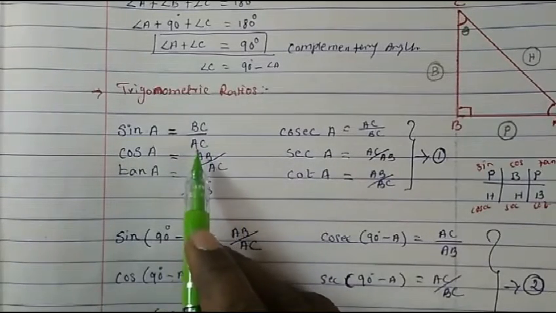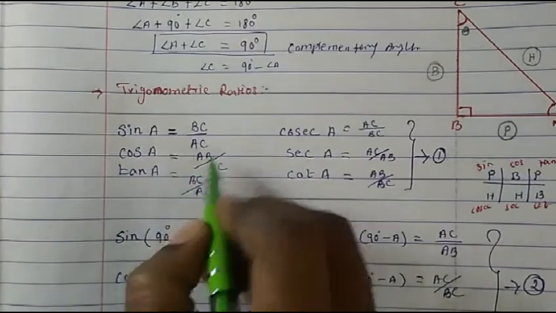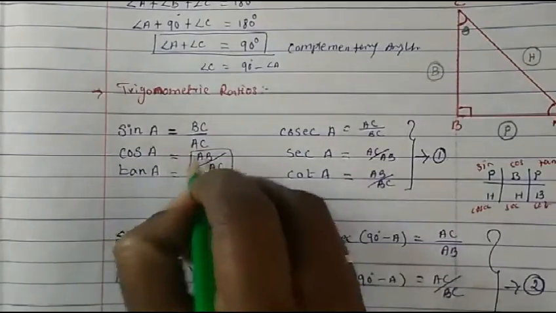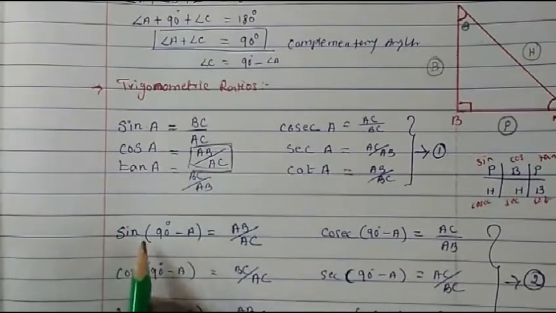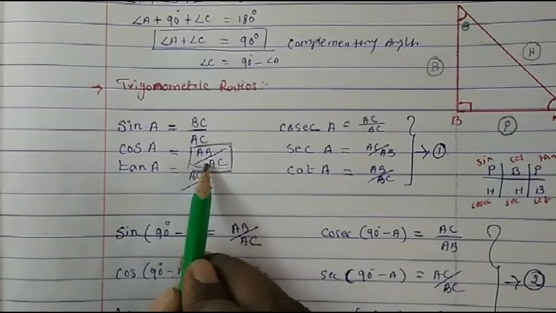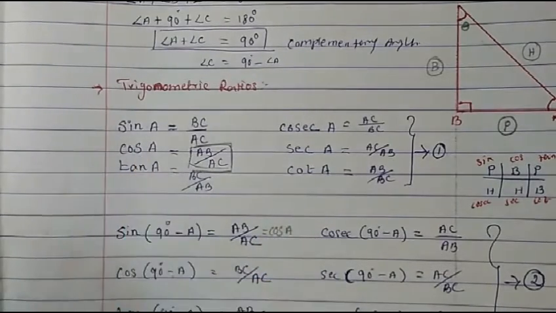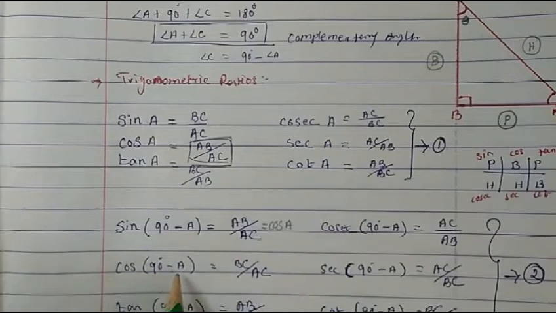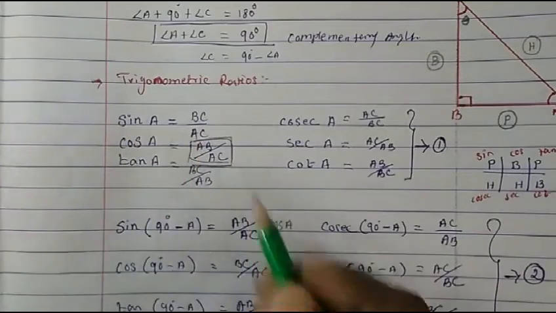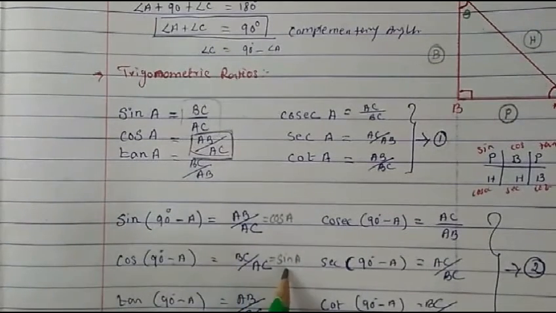Now AB upon AC is actually cos A. Then cos 90 minus A is BC upon AC, and BC upon AC is actually sine A. So this can be written as sine A.